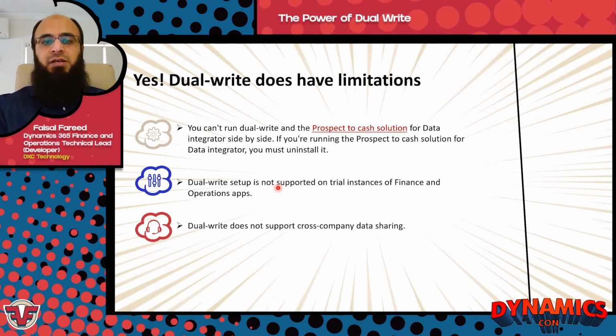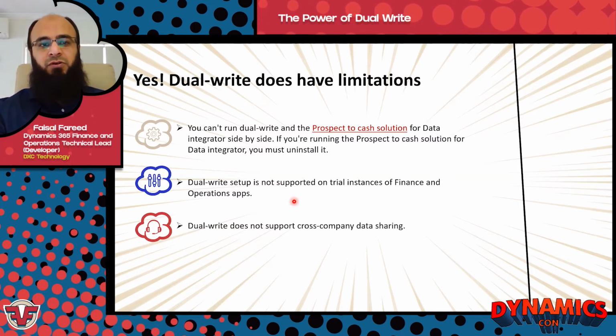If you are not, cross-company data sharing is when you share all your accounts, say vendors or customers, between different companies in finance and operations, so that they share data across different legal entities. This is not yet supported by dual write.